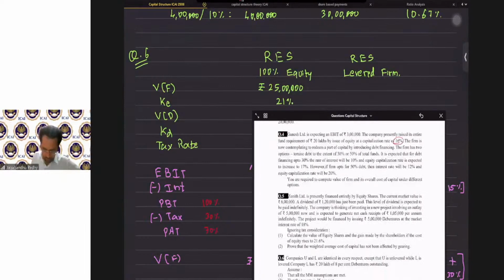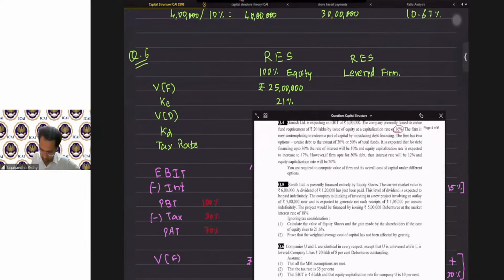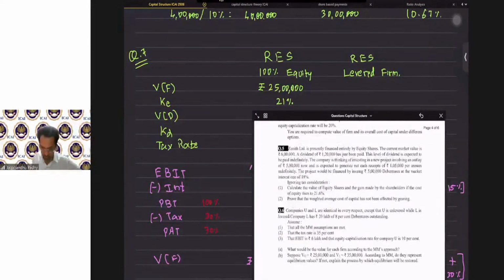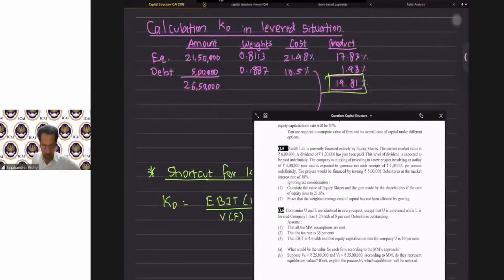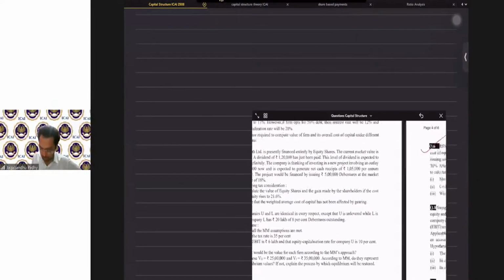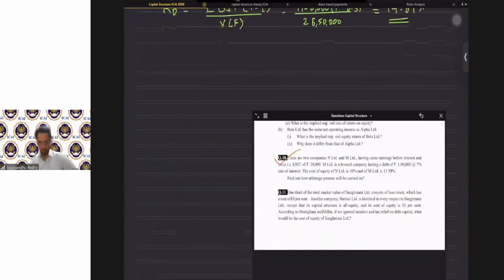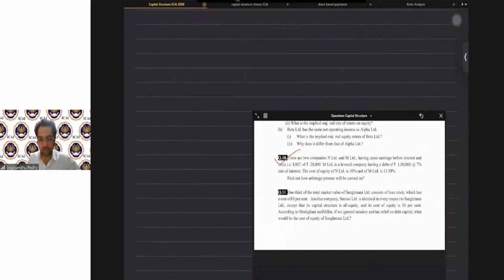Then this is also done. This was basically question 7, I suppose. Question 6 is still pending. 7 is done. And of course, the 10th one that we did. Correct? Let's do some more questions from this handout.